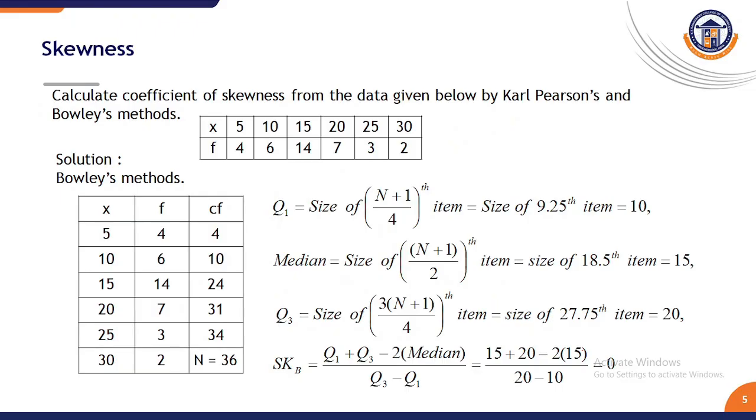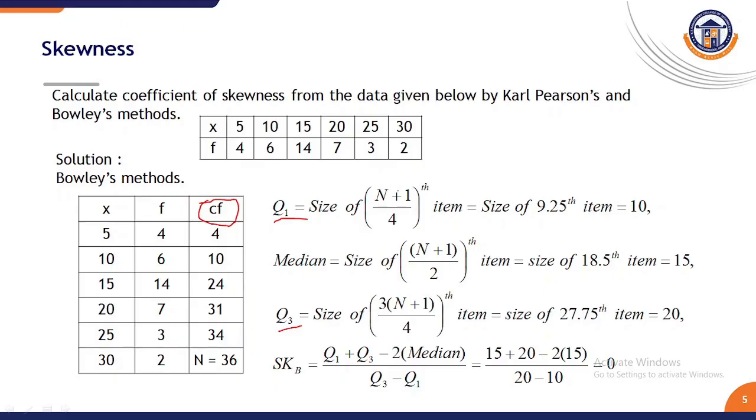So this is the example for calculating skewness by Pearson and Bowley's method for individual data. Here the given problem is distributed for discrete frequency. For discrete frequency, we have to find out the cumulative frequency to find out the Q1, Q3 and median values.